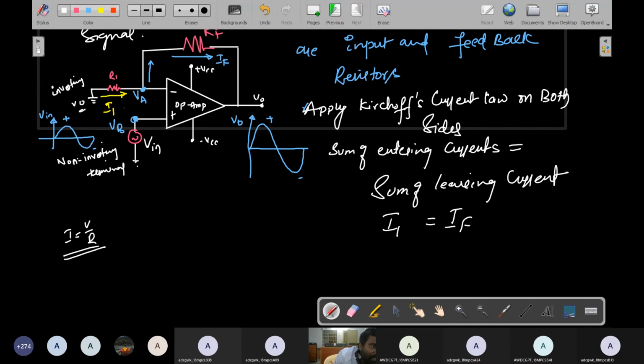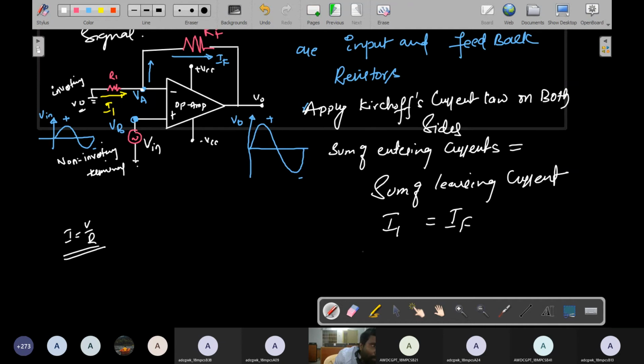So 0 minus VA, because VA is the actual terminal voltage. The input voltage at the inverting terminal is 0.